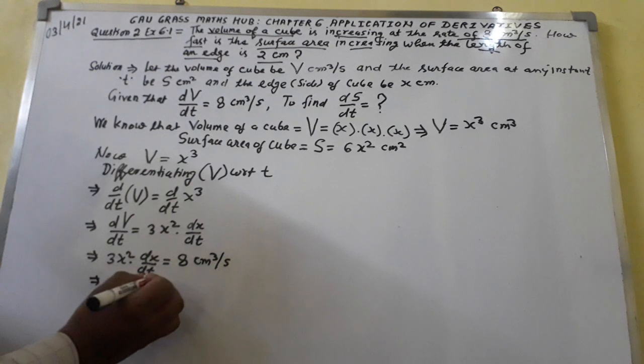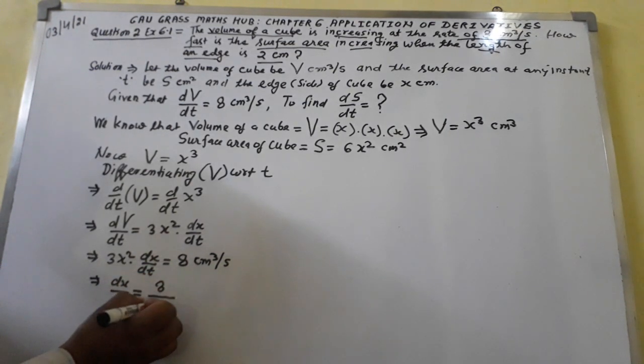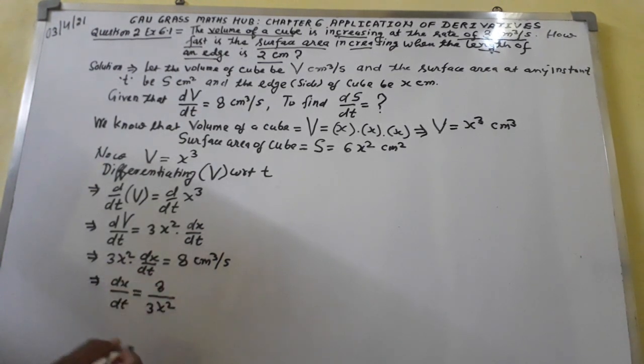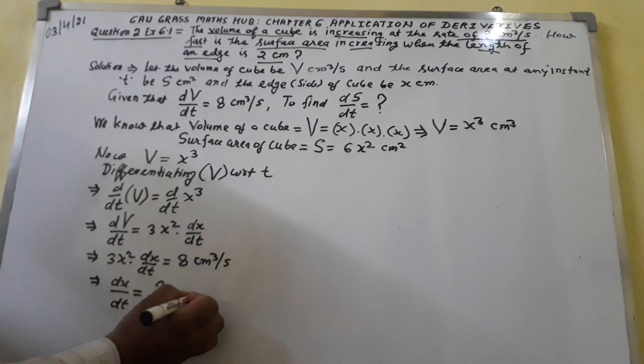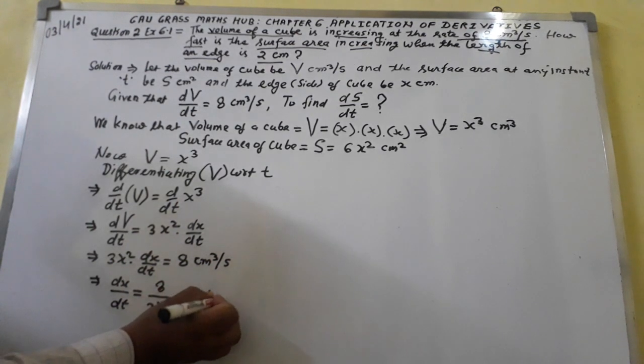dx over dt comes out to be 8 over 3x square we have got. This will be written as centimeter per second.